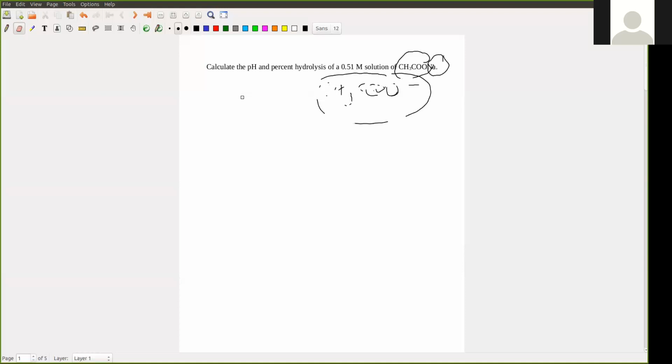So to do that, we're going to write out the reaction where sodium acetate dissolves in water to yield the acetate ion and the sodium ion.